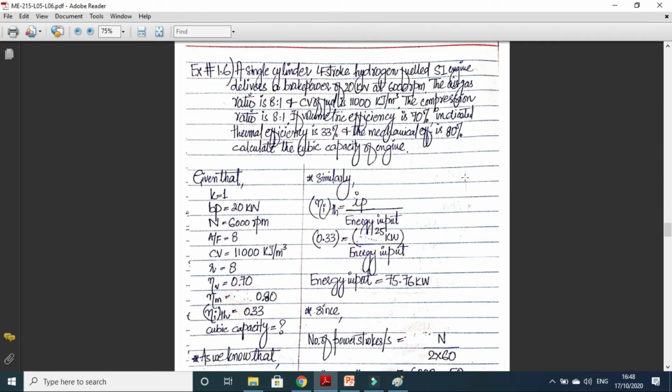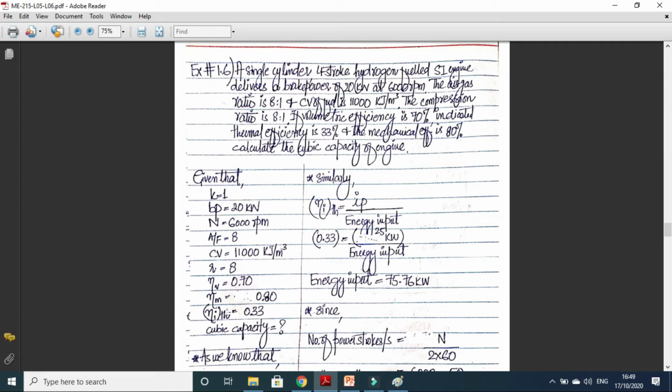Now, what was the formula for the cubic capacity of an engine? For cubic capacity of an engine, you need to know the swept volume, because if you multiply the swept volume with the number of cylinders, then you can get the cubic capacity. You need to find the swept volume, and we can find it with the help of volumetric efficiency, because in volumetric efficiency we have the actual volume of air to the maximum or theoretical volume of air, and the theoretical or maximum volume of air is actually the swept volume.